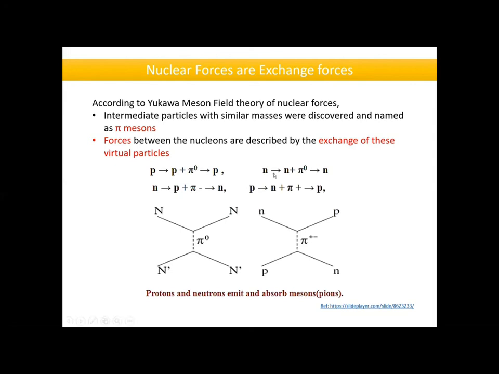So the force between a neutron and a proton exists because of the exchange of a neutral meson between them. And when a pi minus meson jumps from a neutron to a proton, the neutron is converted into a proton, and the proton accepts the pi meson and then converts into the neutron.